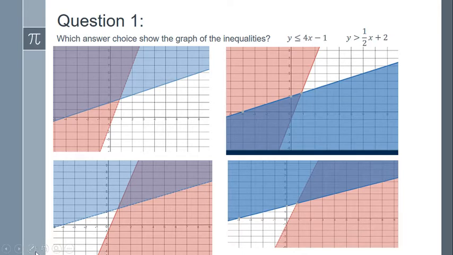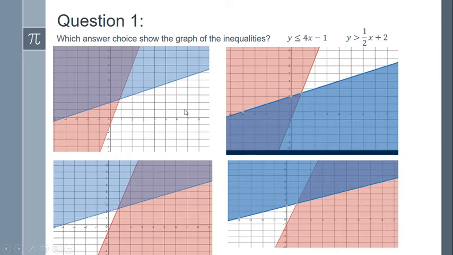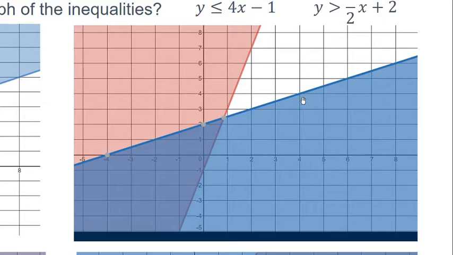If you take a look at these graphs that we've drawn here, I'm going to zoom in on a few of them. Notice this first one has a dashed line for that equation that runs through the y-intercept at -1, so it can't be this one. If I look at the second one here, this one correctly has a solid line. So maybe this is an option.